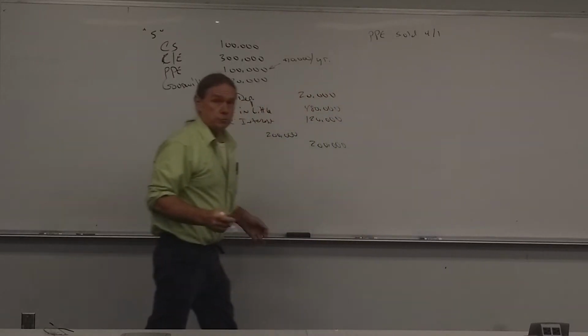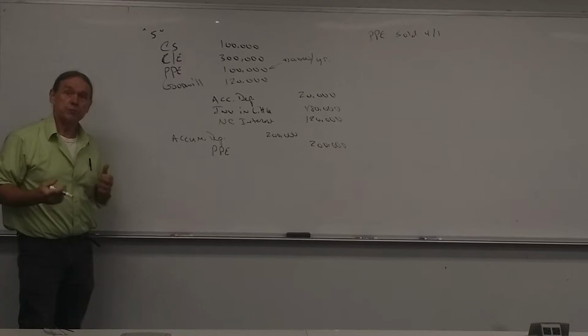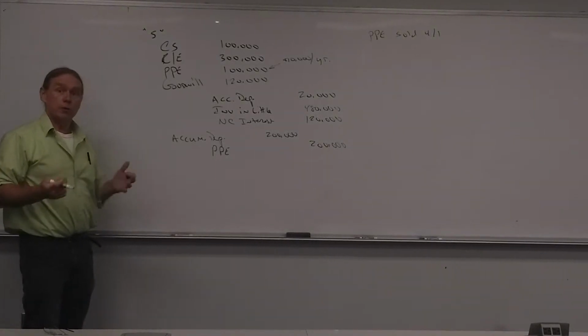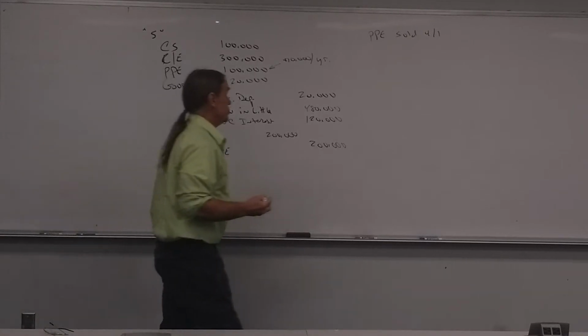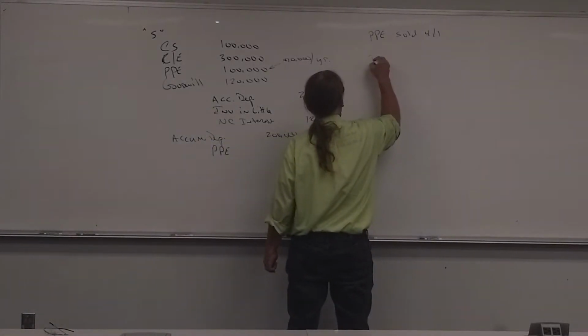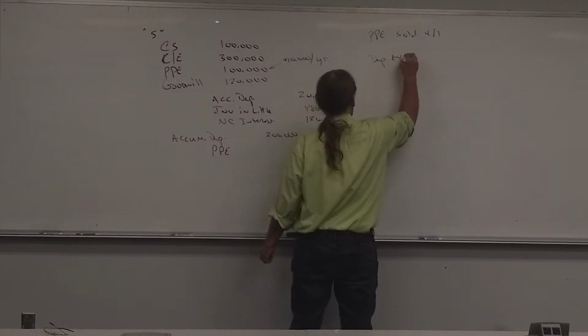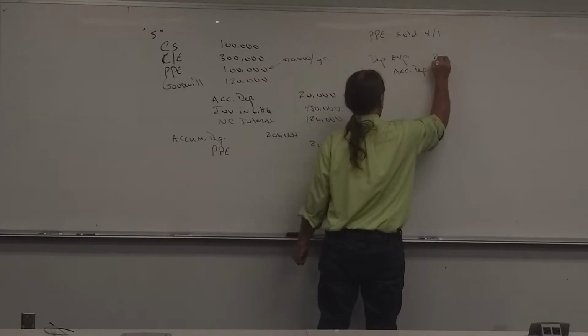As you know, when you dispose of a depreciable asset, the first thing you need to do is bring the depreciation up to date. So we'll bring our amortization up to date. We need amortization for January, February, and March, so 3/12 of a year at $10,000 per year. One quarter of 10,000 is 2,500.